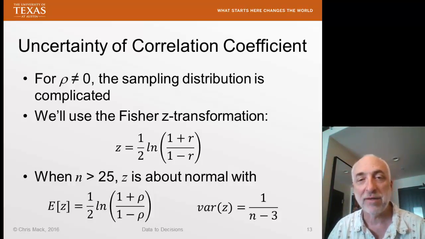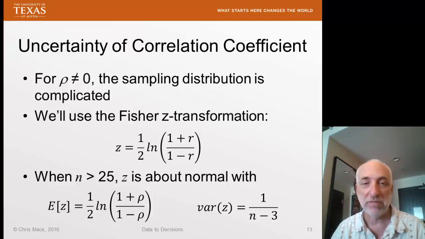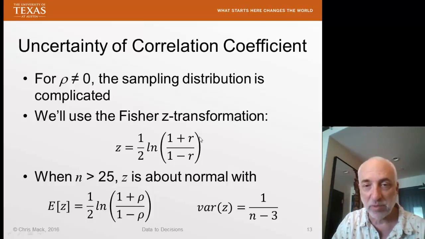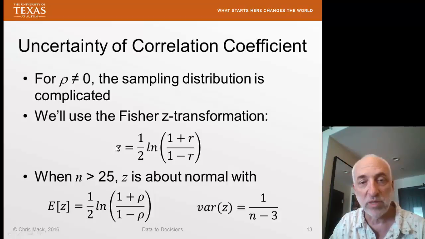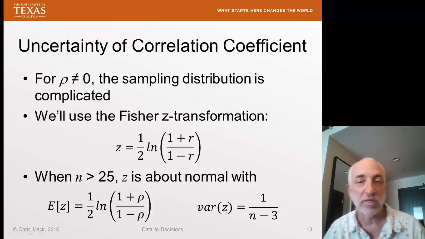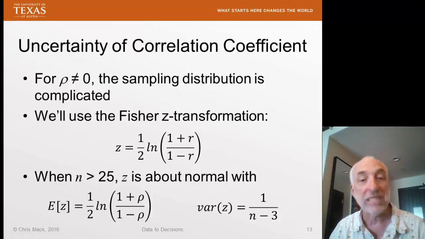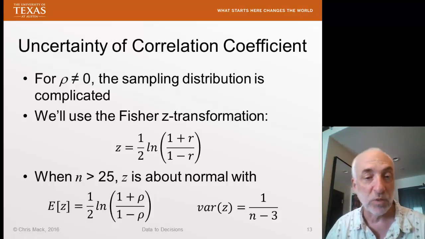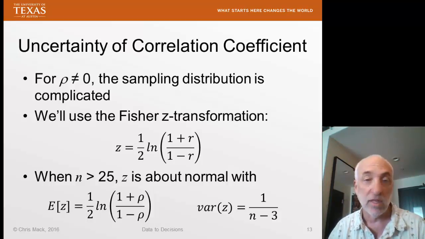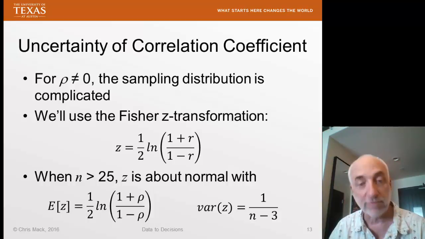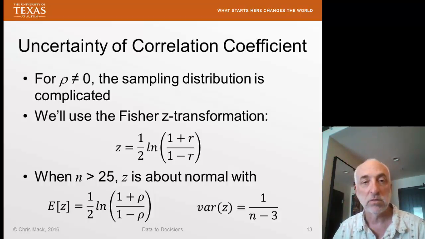To fix that, we use the Fisher Z transformation and essentially take my sample calculated value of R and convert it to a Z. Then if the number of data points is reasonably large, bigger than about 25, then we'll see that Z is normally distributed, with the particular mean and variance as given here. And given that, we can make our inferences about the measured correlation coefficient.